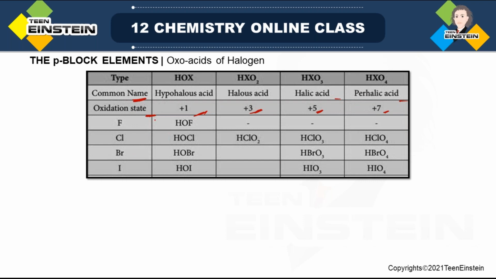Now when it is fluorine, it can have only one type of oxoacid, and the type is HOF. Other variations are not present. Cl can have the maximum number of oxoacids, so all 4 types are present. When it is bromine, you have only 3 types, and when it is iodine, also only 3 types. These 2 are not present.